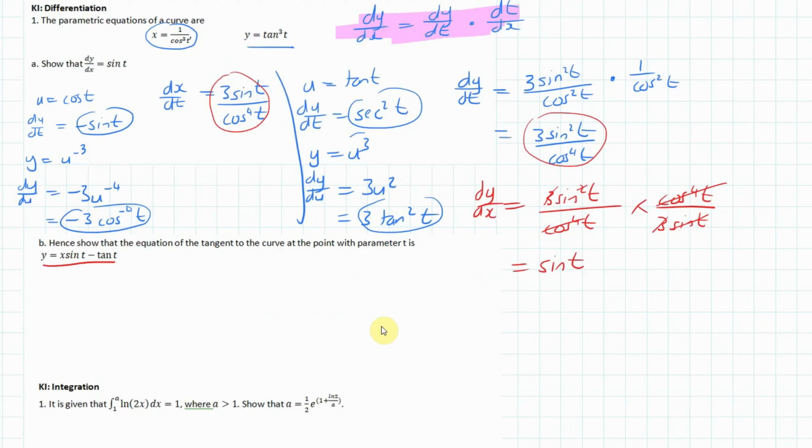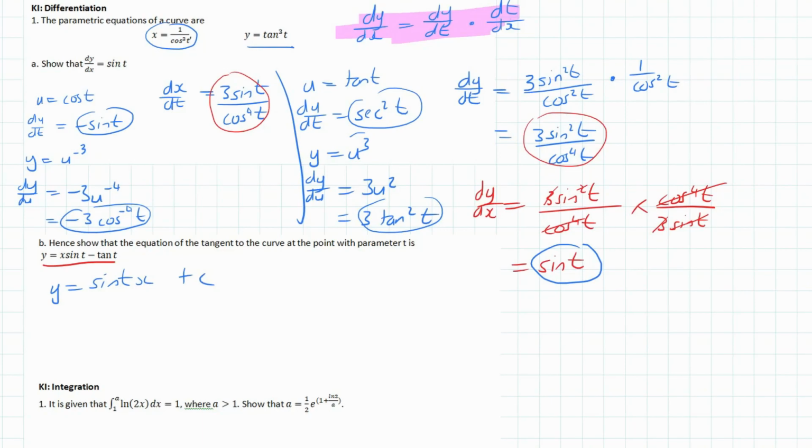Now this is a straight line graph. So we know that this is the gradient here, dy/dx. So we know that we've got a y equals sine t x plus c type graph function. And we can therefore put in the x and y values.